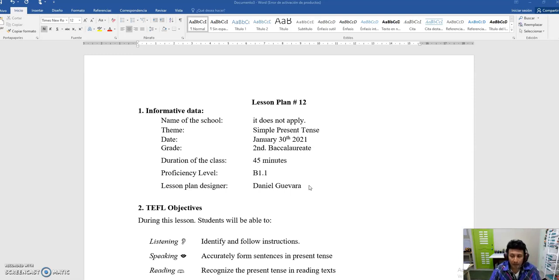The second step of my lesson plan is about the objectives. I aim to develop the 4 skills: listening, speaking, reading, and writing. With this class, the students will be able to identify and follow instructions.